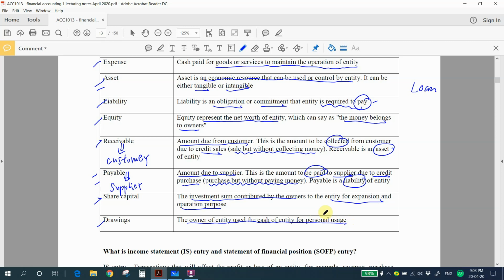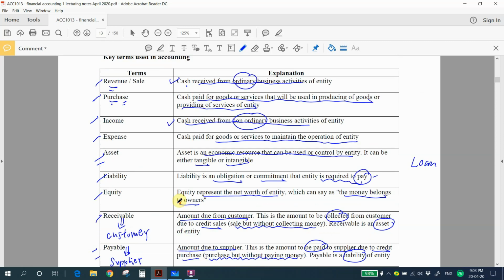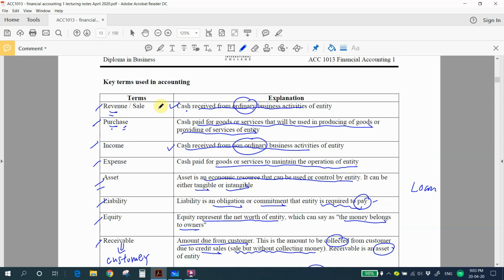Sometimes the owner will take the money from the company for personal use or for taking profit. This is also a possible reason. So when the owner takes the money from the company, we use the term drawings. These are the key terms that will be used in accounting.